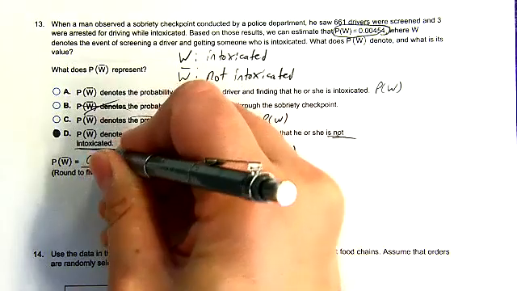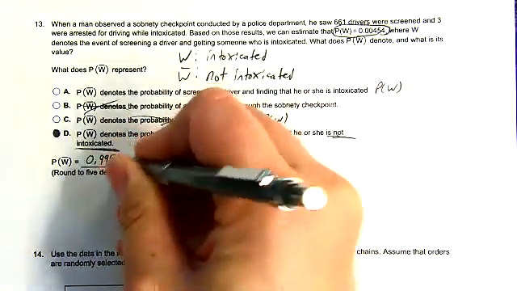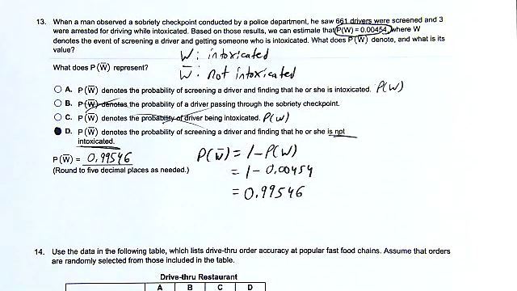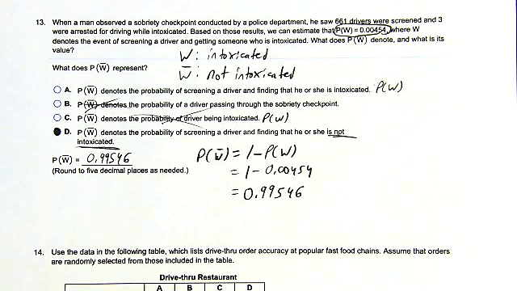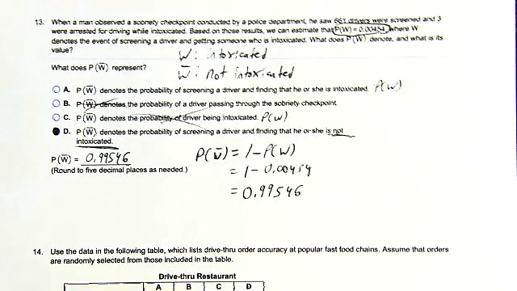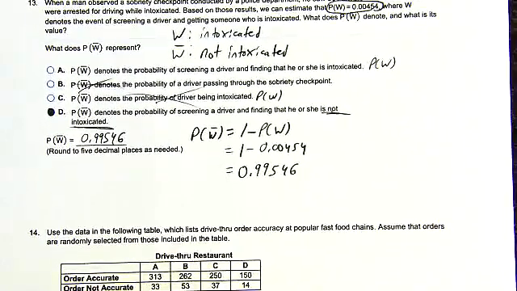But it's basically a 99% chance that you're not going to catch someone, or they're not going to be intoxicated. Good there? Hopefully those are the easy ones. Just subtracting numbers from 1, basically.